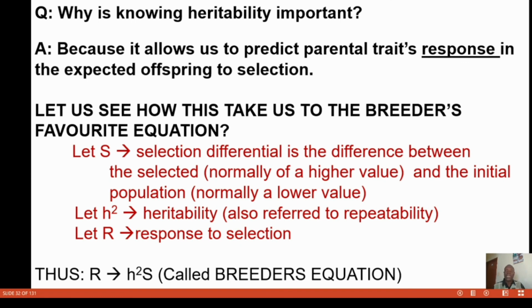Please don't leave this issue of heritability estimate without seeing this primary importance. We'll now see how we can take this issue of heritability further to the breeder's favorite question. But for now, I think we will have to stop at this point.